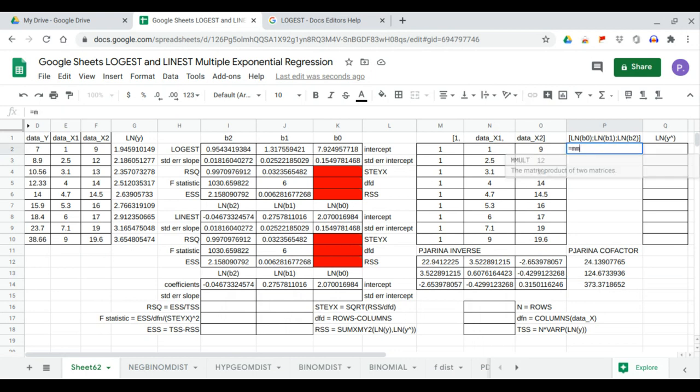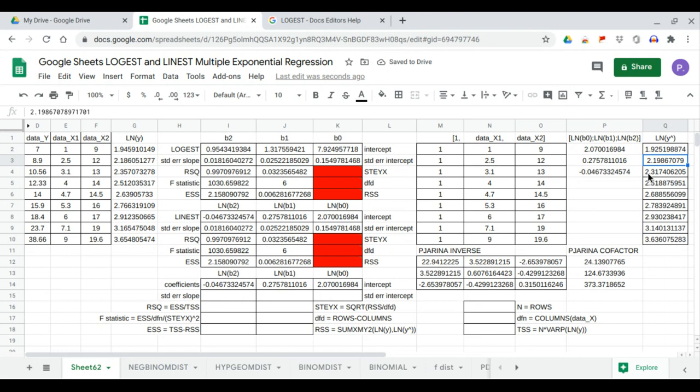So it is MMULT of the pseudoinverse and the pseudo cofactor. These are ln b0, ln b1, and ln b2, and they match our LINEST output. Now we can calculate the ln y hat, which is equal to MMULT of the 1 comma x matrix and the coefficients.